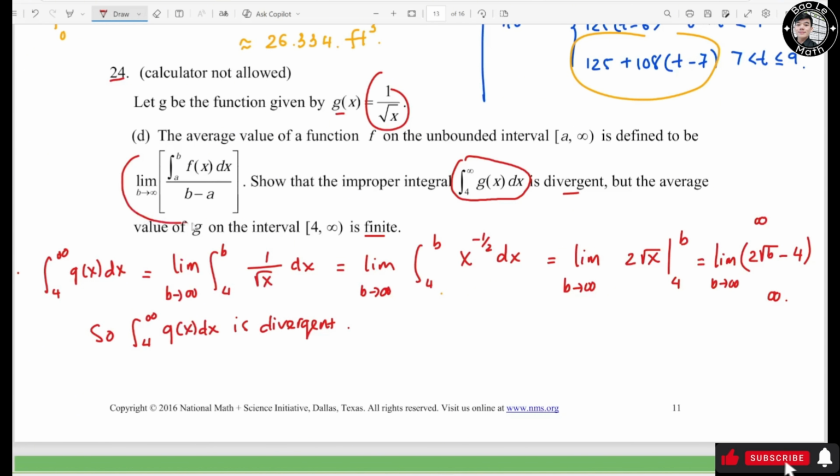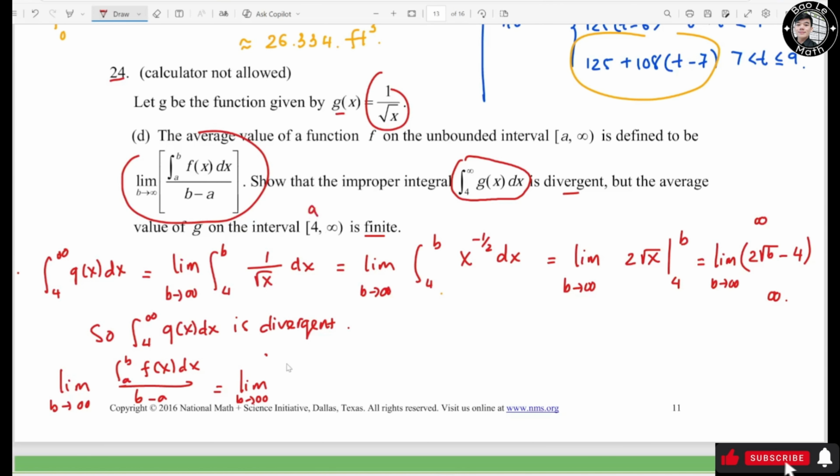Now we need to calculate this one. We have the limit as b approaches infinity of the integral from a to b of f(s) ds over (b − a), where a equals 4.